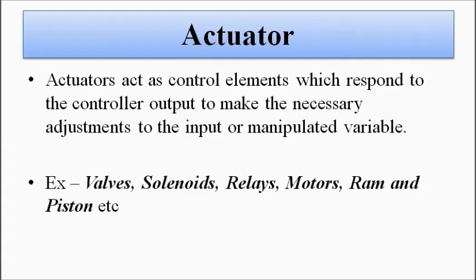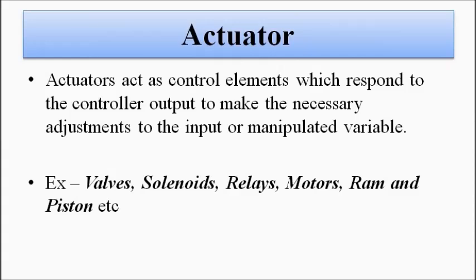It can be a mechanical mechanism, hydraulic mechanism, pneumatic mechanism, or electrical mechanism. It can also be electromechanical. So there are various combinations there. Basic examples of actuators are the basic machines. It can be hydraulic, pneumatic, or electrical. Valves are used, solenoids are used, relays are used, motors are used, ram and piston arrangements are used. They are basically used for pneumatic and hydraulic. So that is the job of the actuator.